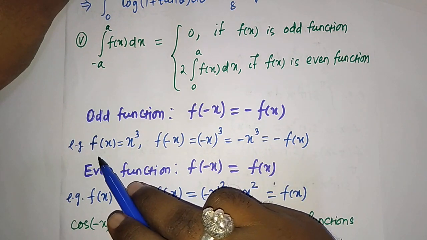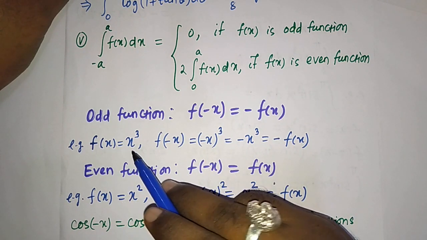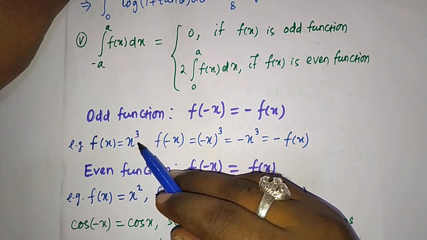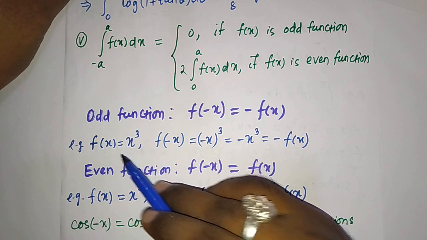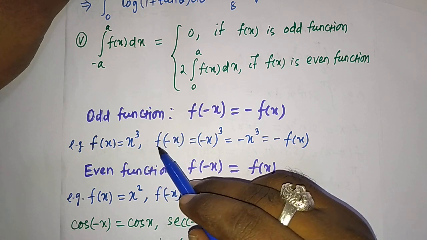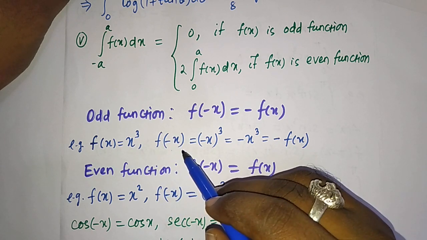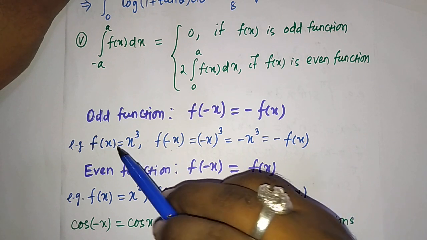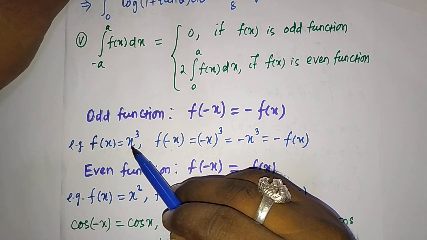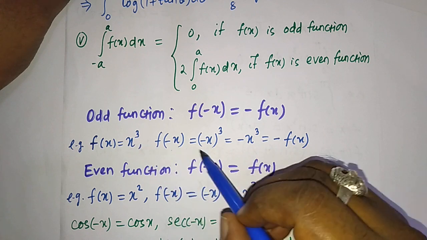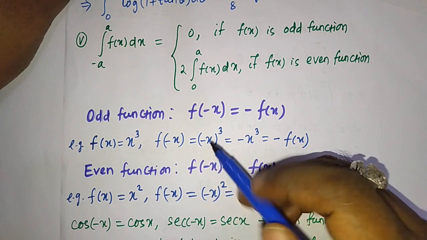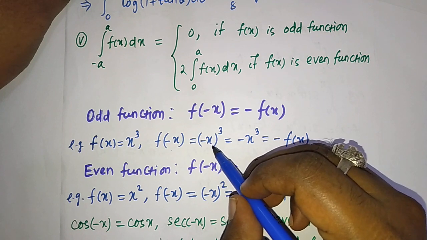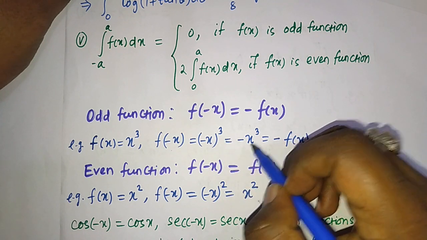Here I have given one example. Suppose you have taken f of x equal to x cube. Put minus x in place of x and find f of minus x. You put minus x in place of x, so it will become minus x whole cube, and you know minus x whole cube is equal to minus x cube.